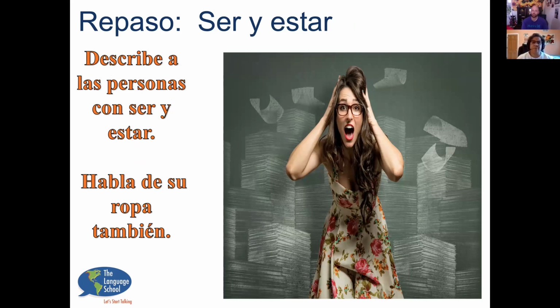Describe a las personas con los verbos ser y estar. Y habla de su ropa también. ¿Cómo es ella y cómo está ella? Try to answer both of those questions. Oh, okay. So, let's see. ¿Cómo es una mujer?